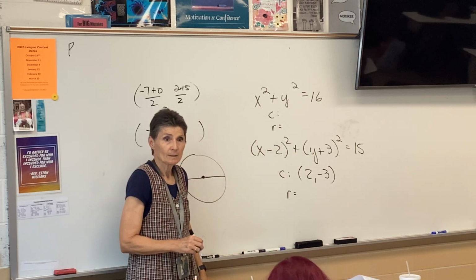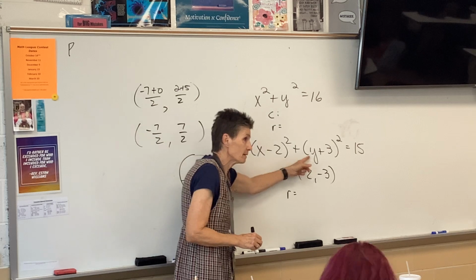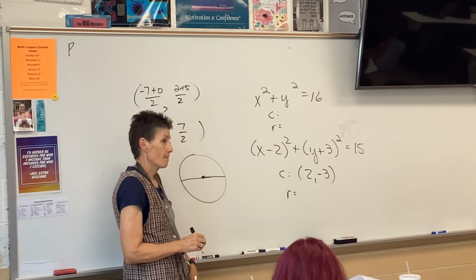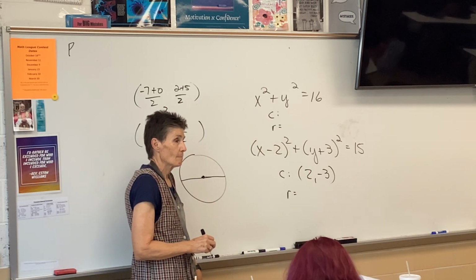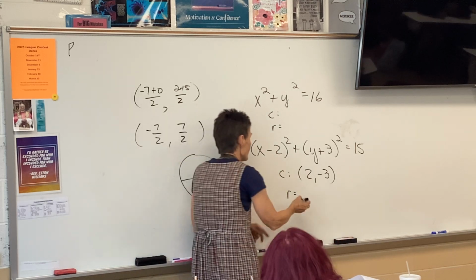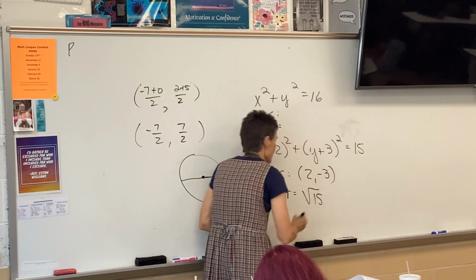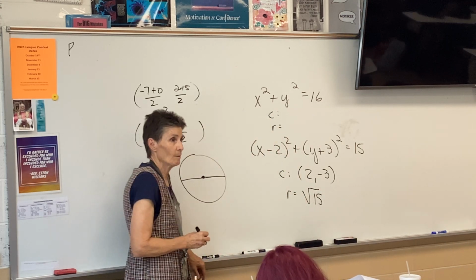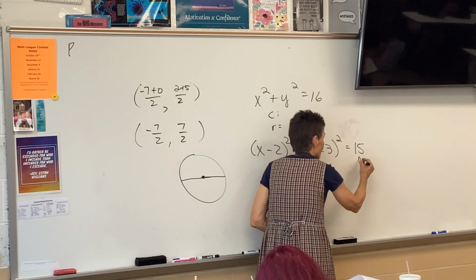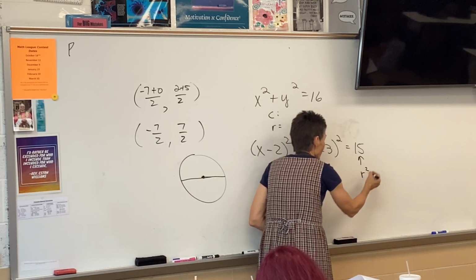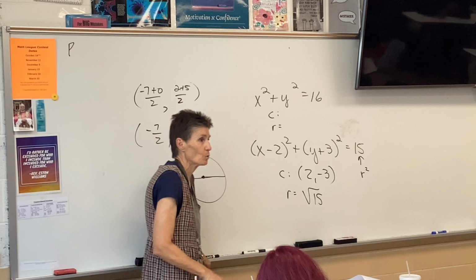Right? So it's the opposite of what's down in parentheses. And the radius is the square root of 15. Where'd that come from? Right here, that's our square, so the radius is the square root of 15.